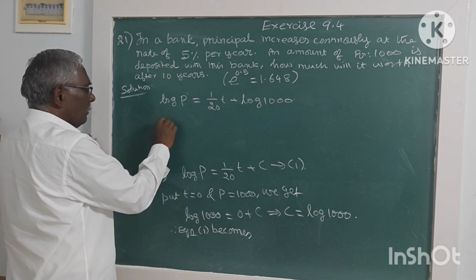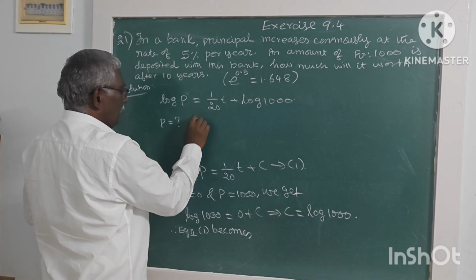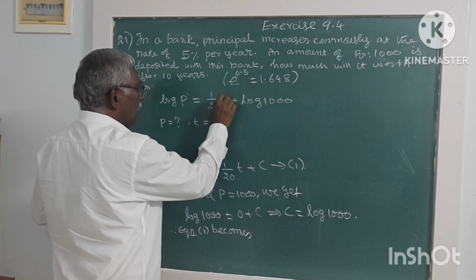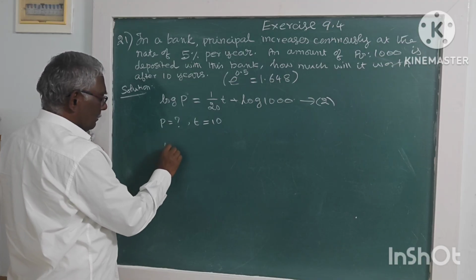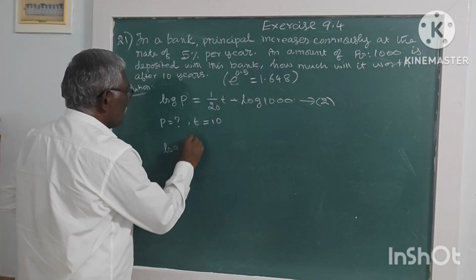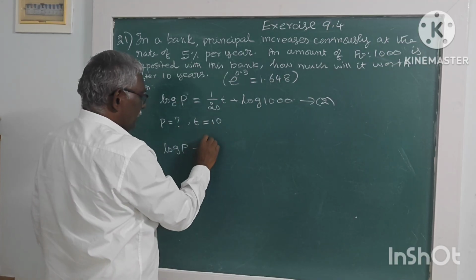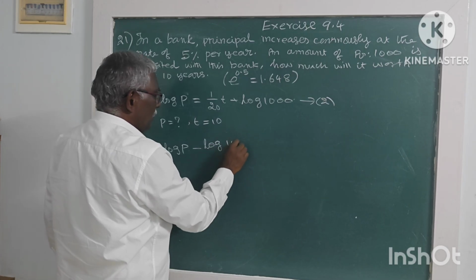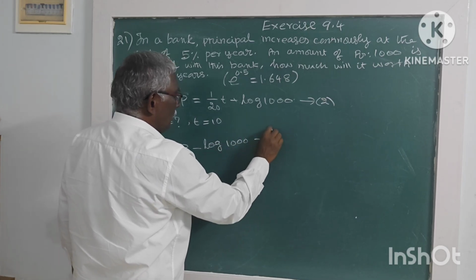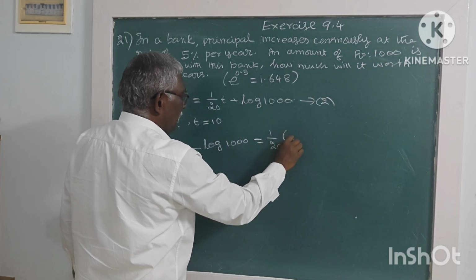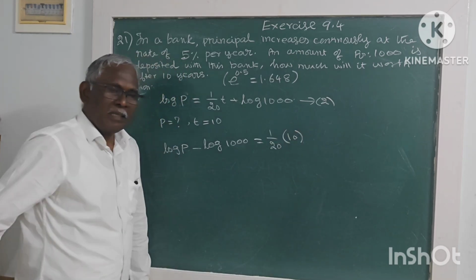So P is how much? T is equal to 10. Log P minus log 1000 is equal to 1 by 20 into T, which is 10.